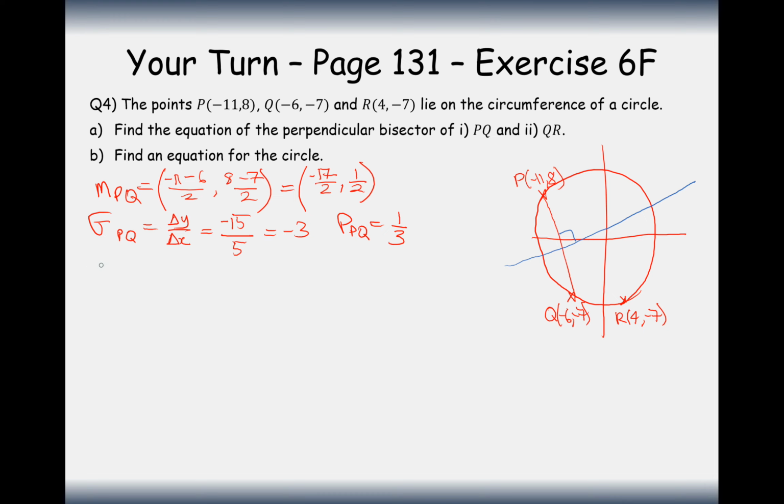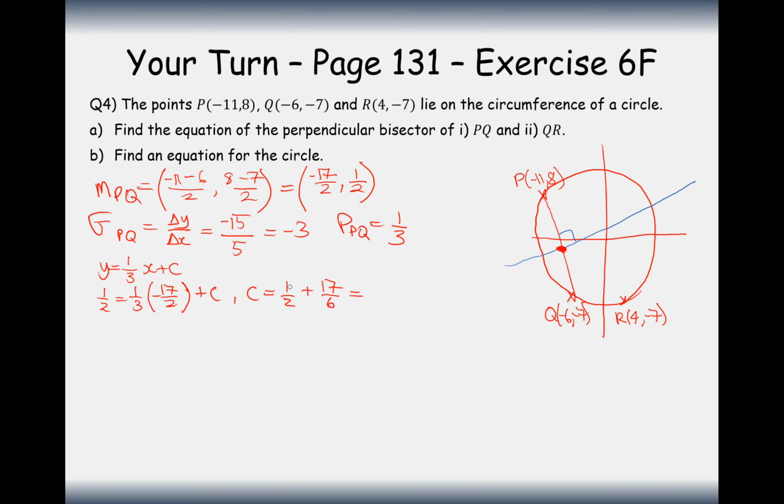Now we need to plug this into y equals mx plus c, so we've got y equals a third x plus c. Plug in our coordinate of the midpoint in, because that's the coordinate the blue line intersects. I'm going to get a half equals a third of -17/2 plus c. So therefore c is going to be a half, add, because it's a negative on this side here, so we'll add it onto the other side of 17/6.